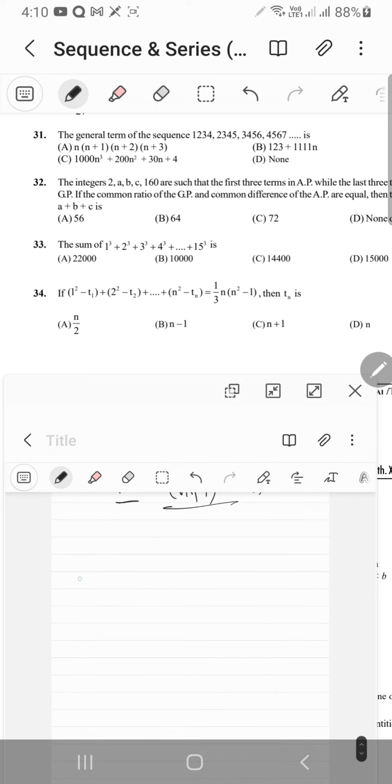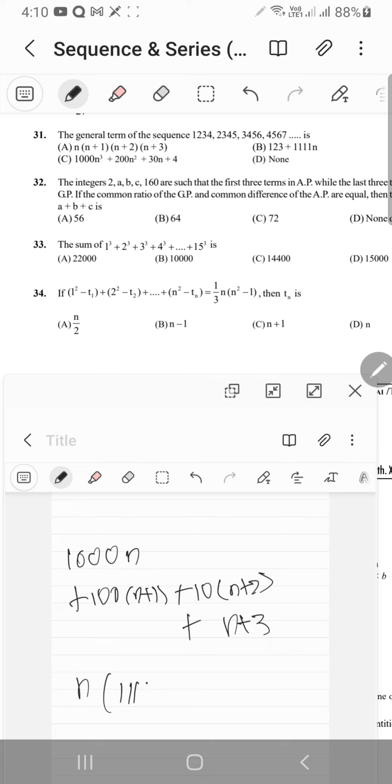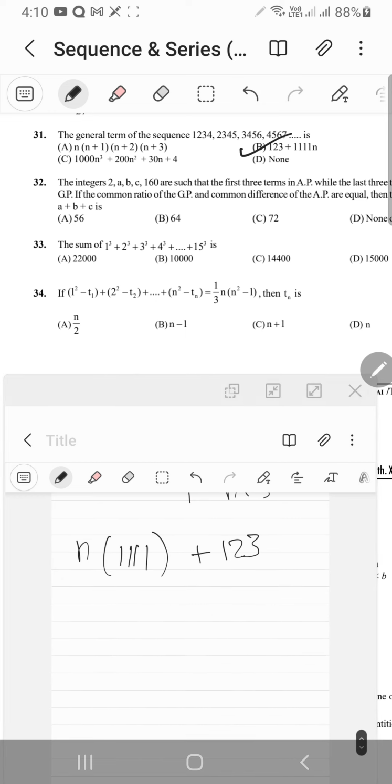And this will be n into 1000 plus 100 plus 10 plus 1, so 1111 n, and the remaining stuff is just 100 plus 20 plus 3, so 123. There we go. This is the general term.